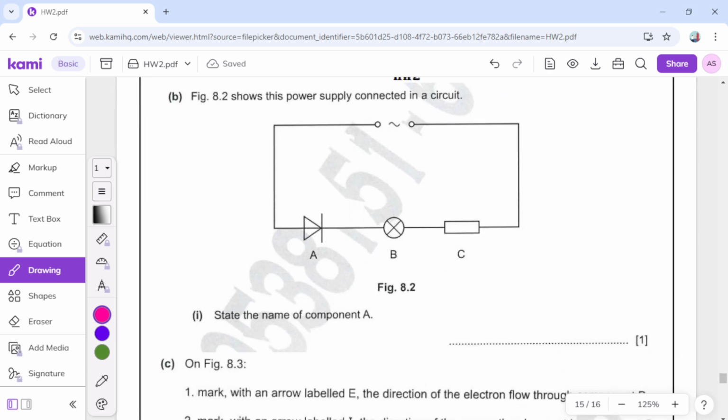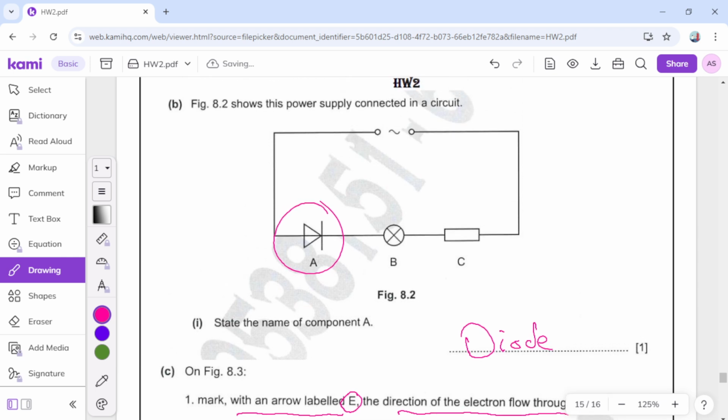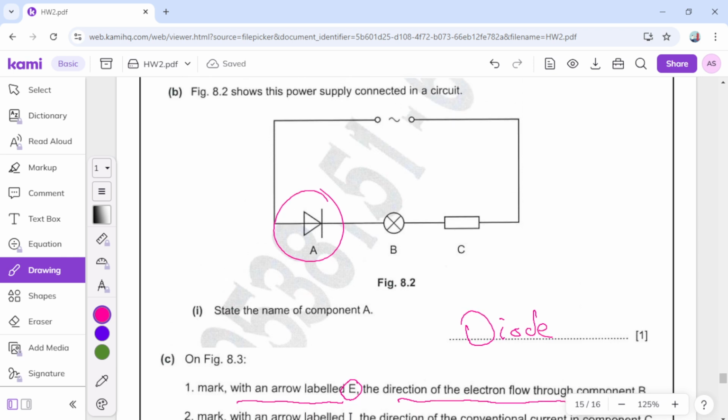Now let's move to the next question. Say the name of component A. Component A, as you know, is a diode. Okay, easy question. Now he said, mark with an arrow labeled E the direction of the electron flow in component B. As you see, electrons travel from negative to positive. And we have a diode.